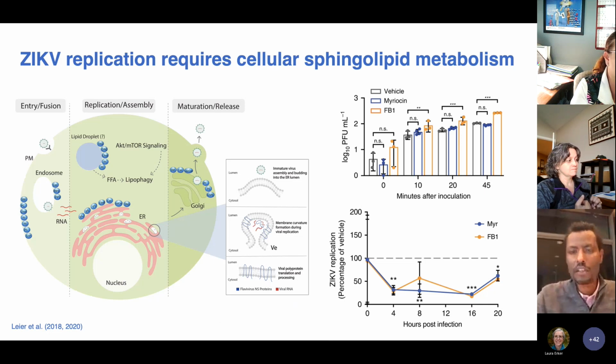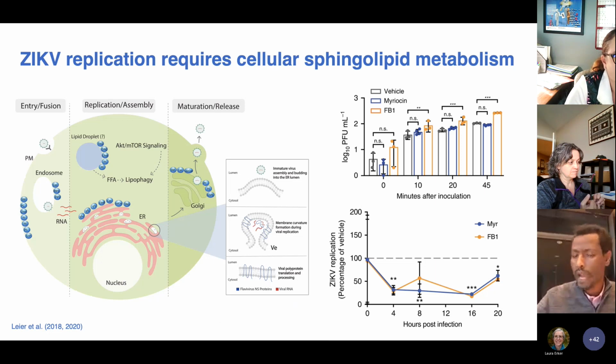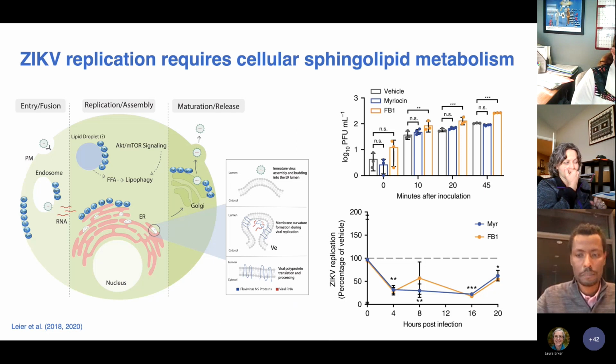We didn't see any difference between myriocin or FB1 treated cells as compared to the vehicle. If anything, cells treated with FB1 seem to have a high level of variance, suggesting that FB1 might actually increase infectivity.